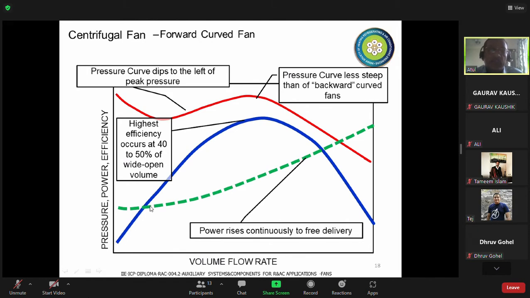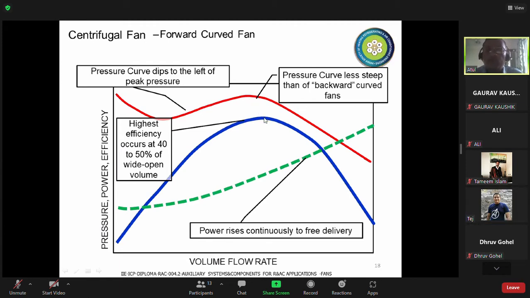This blue line is the curve between the efficiency and the flow rate. You can see that efficiency initially is very small. Efficiency climbs up, and it reaches its peak soon after the peak pressure.